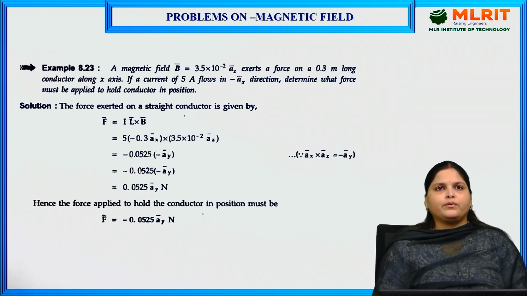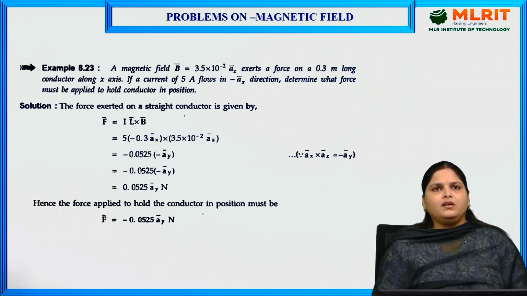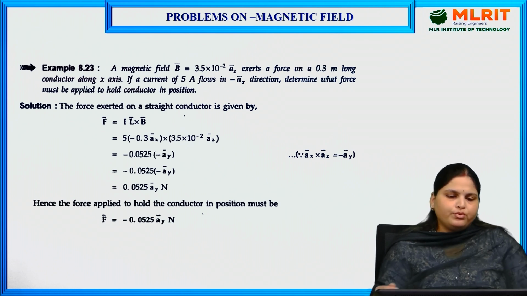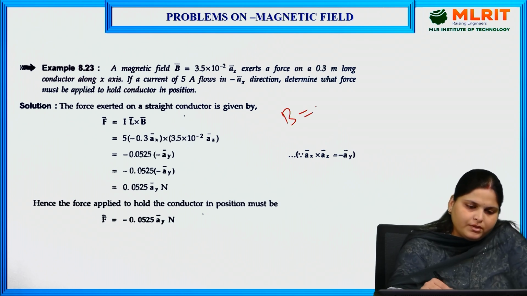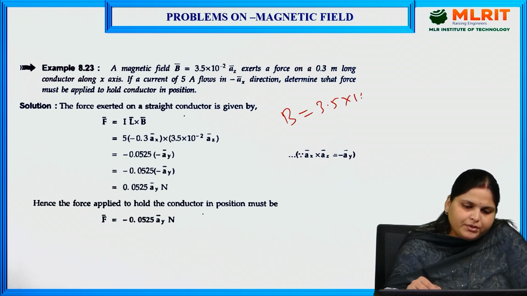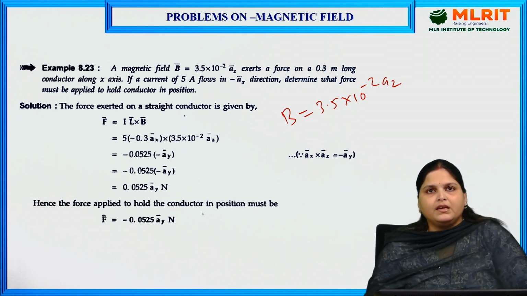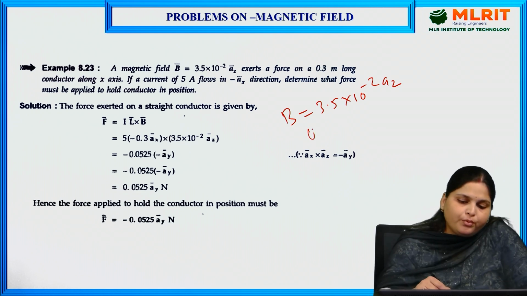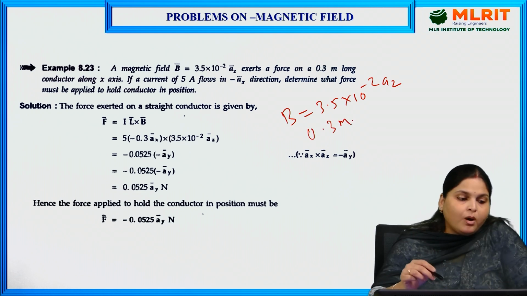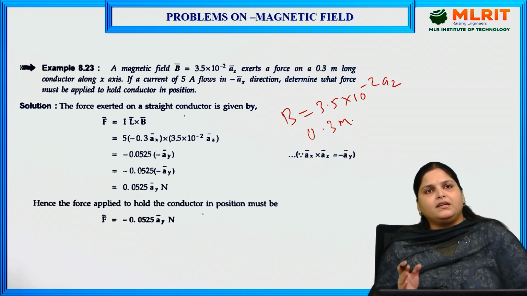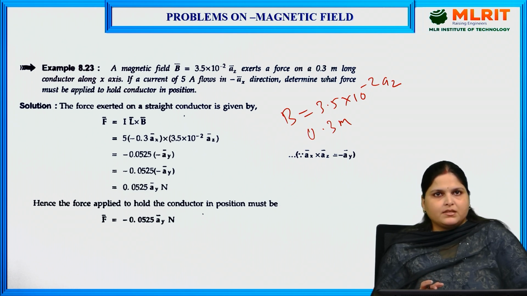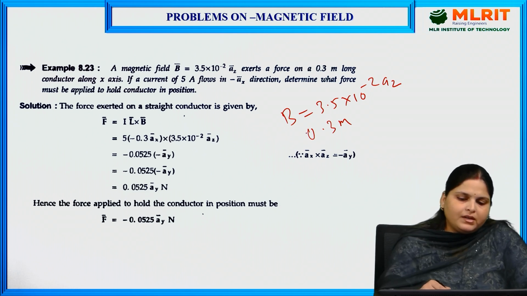Let's take another question. A magnetic field B is equal to 3.5 into 10 to the power minus 2 az is given in the question. This field exerts a force on a 0.3 meter long conductor, and this conductor is along the x-axis.